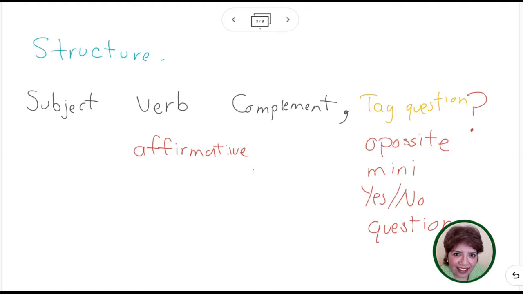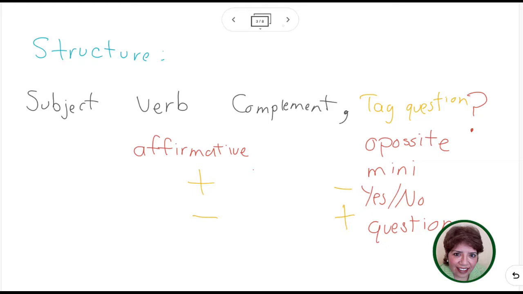Then, if you have an affirmative sentence, a positive sentence, the tag question is going to be negative. If you have a negative sentence, then the tag question is going to be positive. Yes, they have to be the opposite.